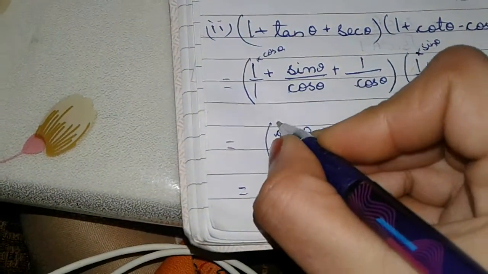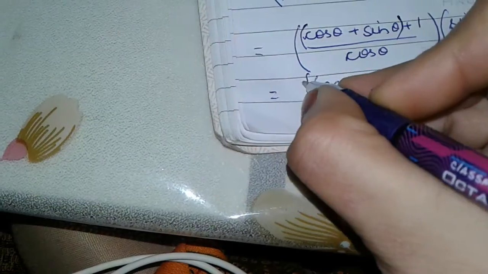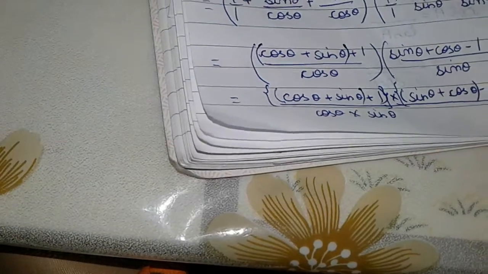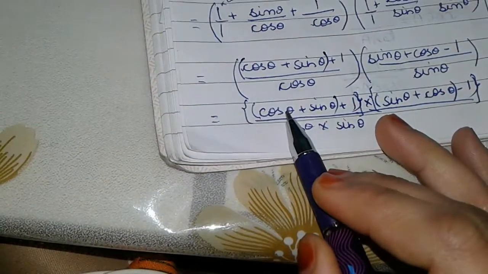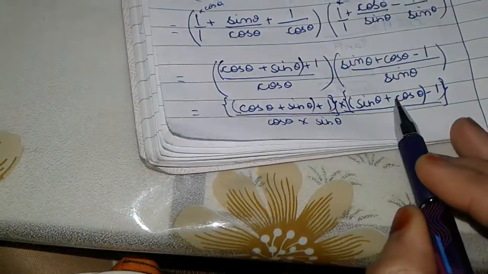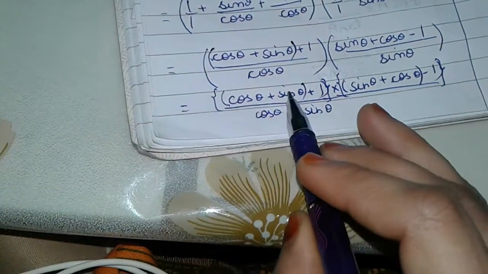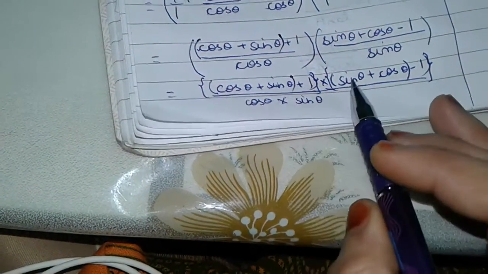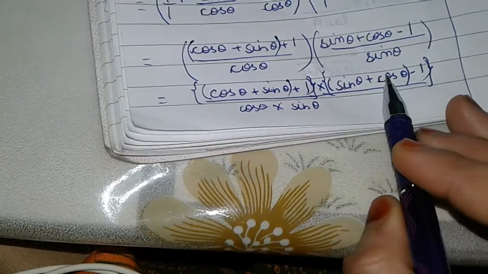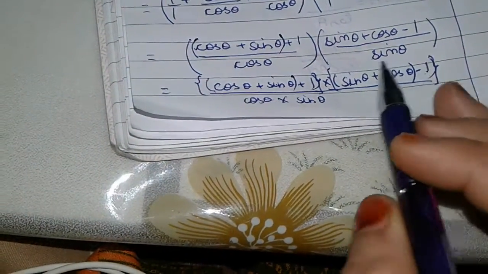Now take this in a bracket and this in big curly brackets, again this in small brackets and this in curly brackets. Now look, this is A, this is B, this is A, this is B. The A is the same, cos theta plus sin theta. Here A is sin theta plus cos theta and B is 1.